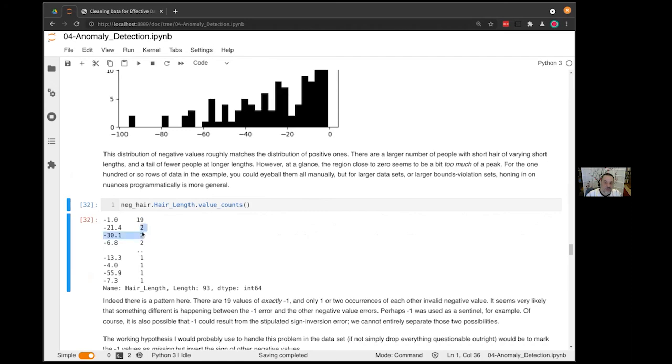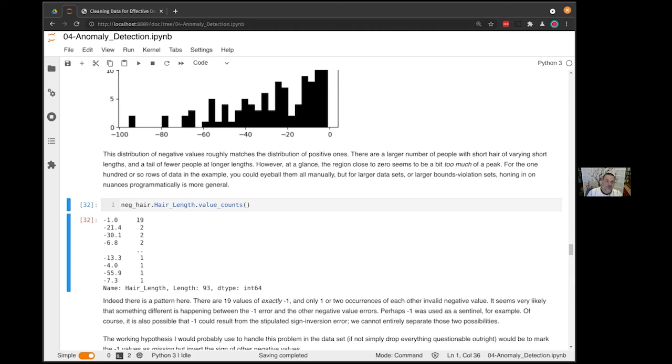A couple of them occur 2 times, but in general, most of them are some precise value that occurs once. So I feel like the sign inversion hypothesis makes sense for the overall distribution, but it shouldn't produce that many that are exactly -1. And then I recall that -1 is one of the numbers very commonly used as a sentinel value in data. I mentioned earlier today that a value like 999.9 was often used as a sentinel value to indicate that a measurement wasn't available.